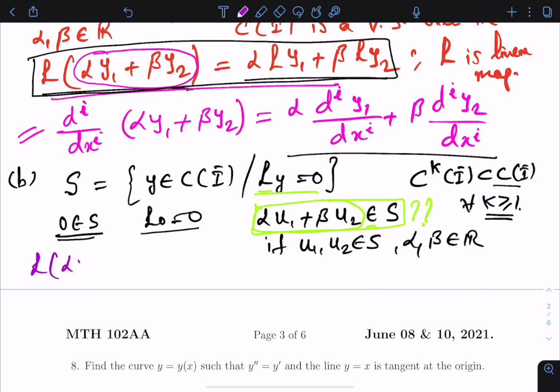L of alpha U1 plus beta U2, which is by linearity alpha L of U1 plus beta L of U2.